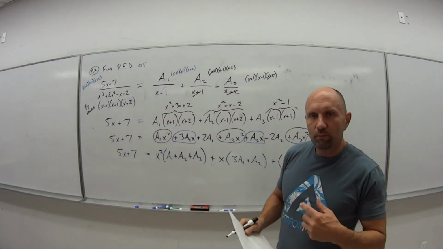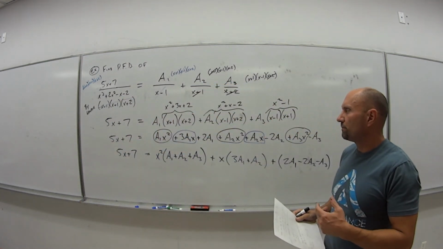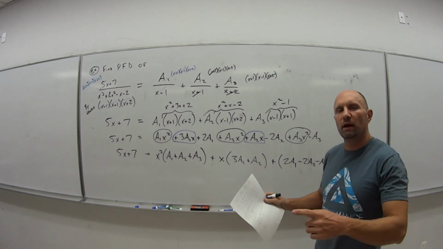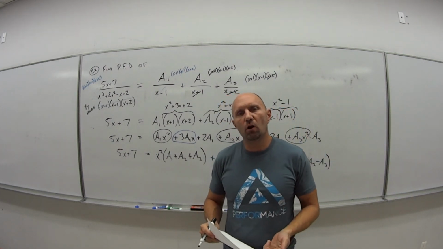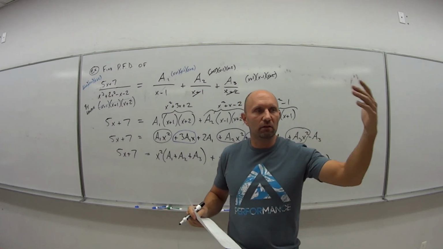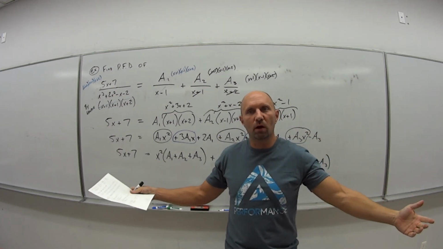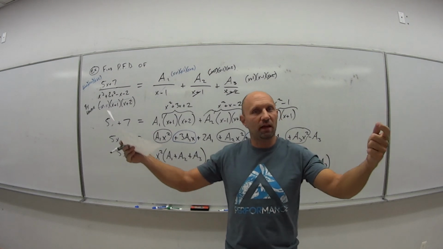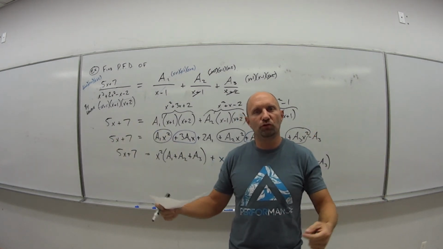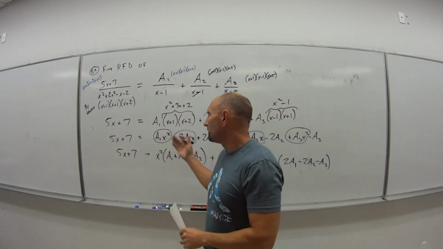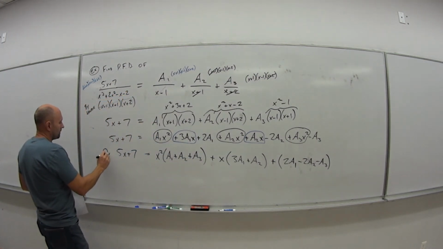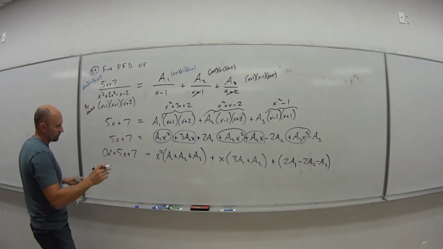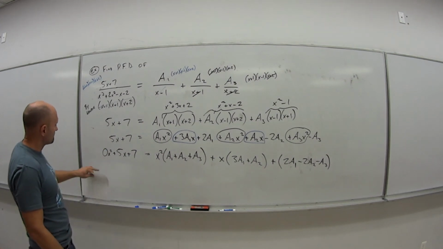So now, this is where we're going to start comparing sides of the equation. If you think back to when we were doing logs, if I had log of x equals log of 12, that meant x has to be 12. That's the only way those two sides can be equal. Similar idea here. On the left, I'm going to add in a 0x squared, just as a placeholder, so to speak.